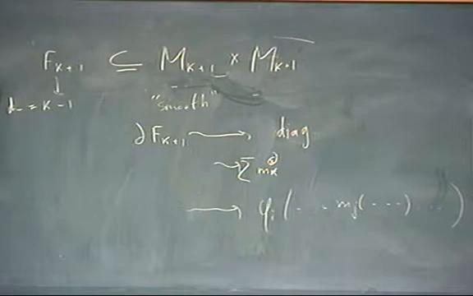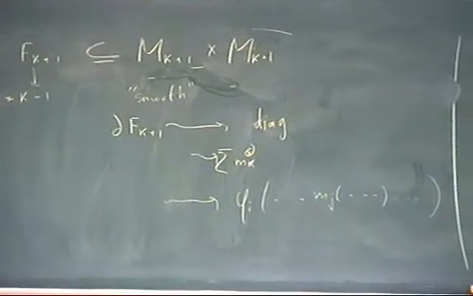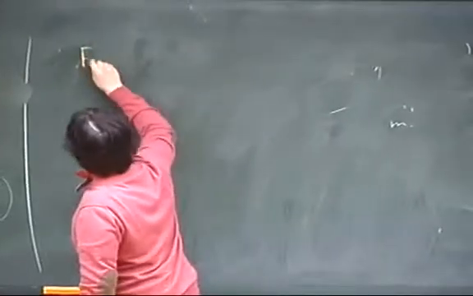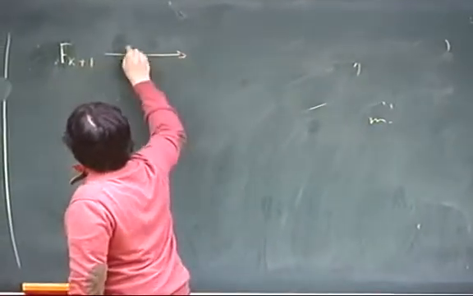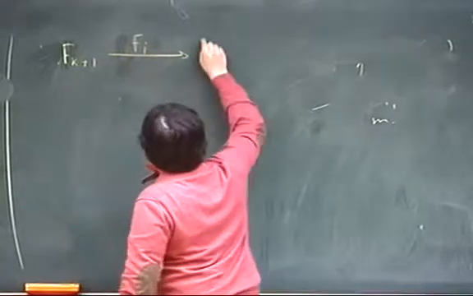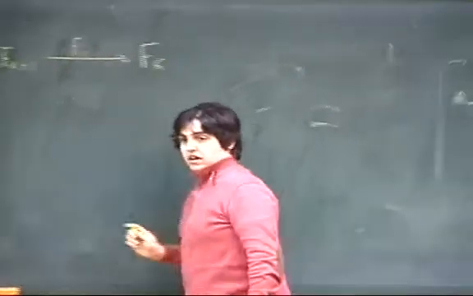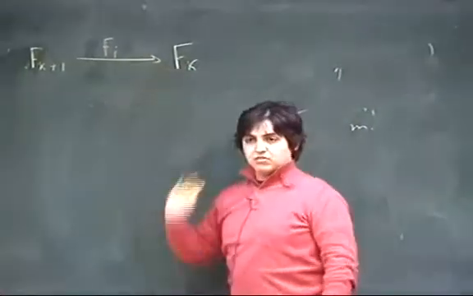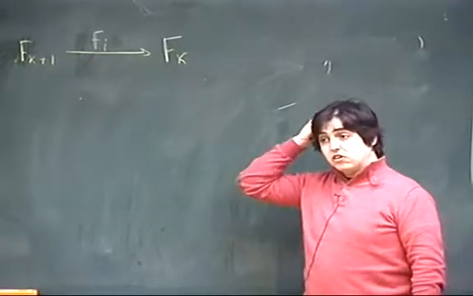And actually one more condition that this f k plus 1 must satisfy is that you should have some kind of forgetful map, forgetting the ith marked point. And there's some condition on what the fiber of this thing should be to deal with M0.